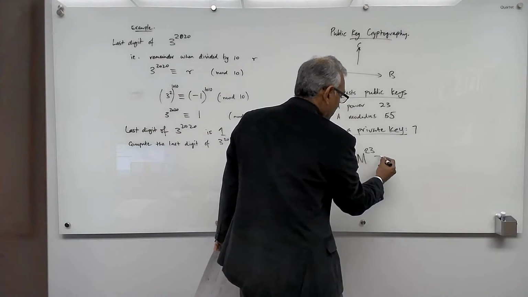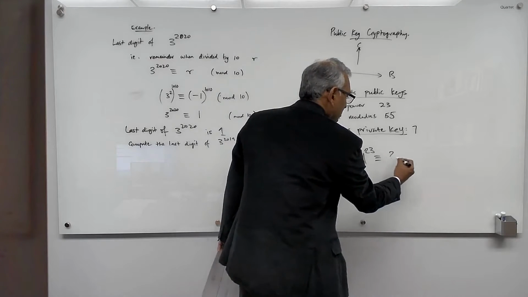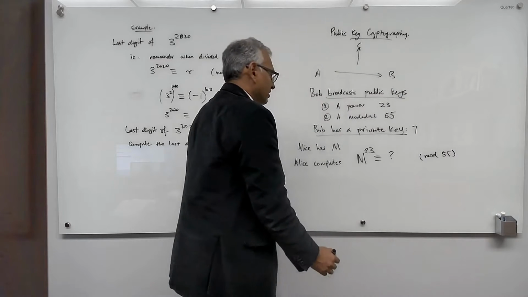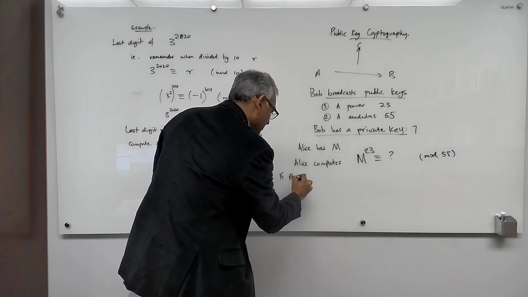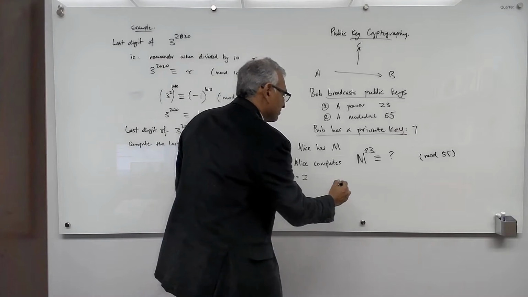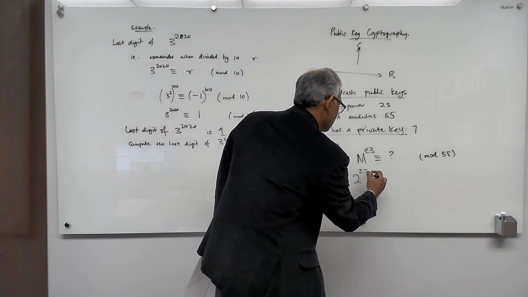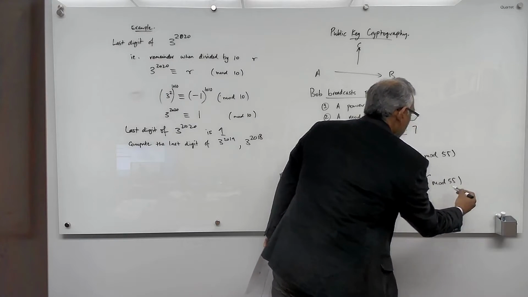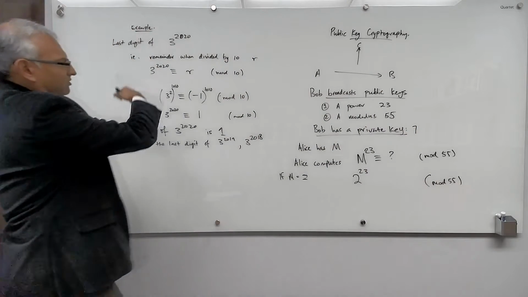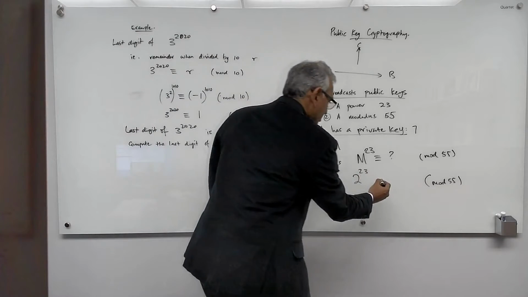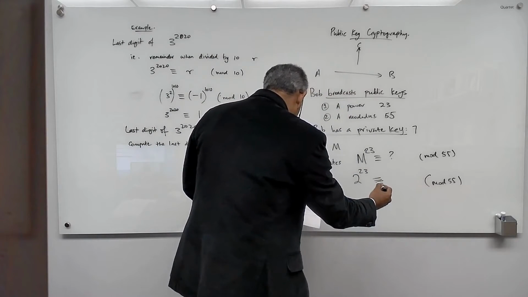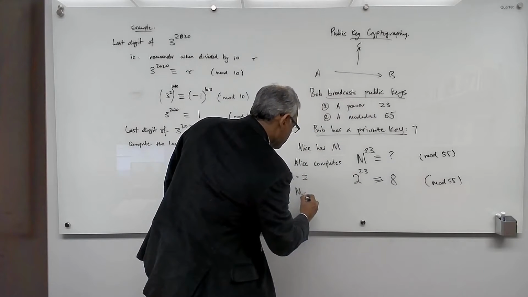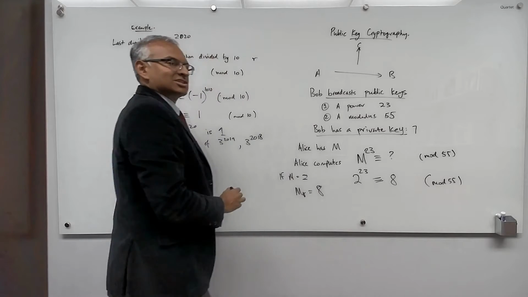She has to compute what this is equivalent to in the mod 55 world. For example, if M is equal to 2, then Alice computes 2 raised to the power 23 in the mod 55 world. You can compute this using the techniques that I showed you here, and in this example you would get that it's equal to 8. So Alice sends M star equal to 8 across the channel.